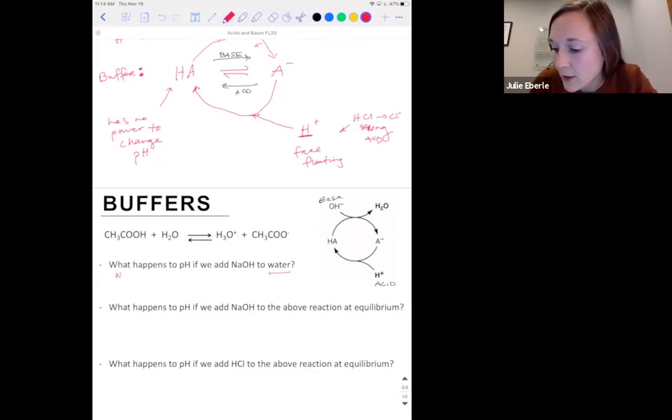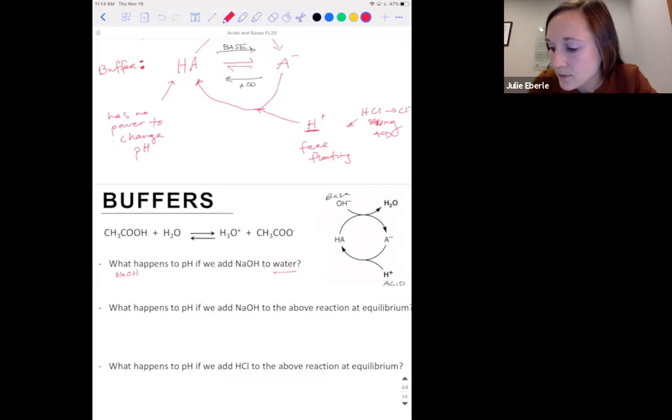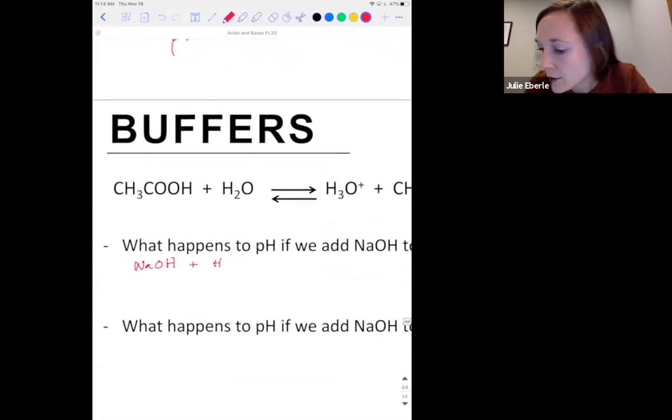We could even write out the equation, NaOH plus water. Well, this is the base, and what do bases do? This is going to be the acid in this case. This is a strong base, so I'm not actually even going to write an equilibrium here. Strong base is going to drive it all to products. We're going to have OH minus.